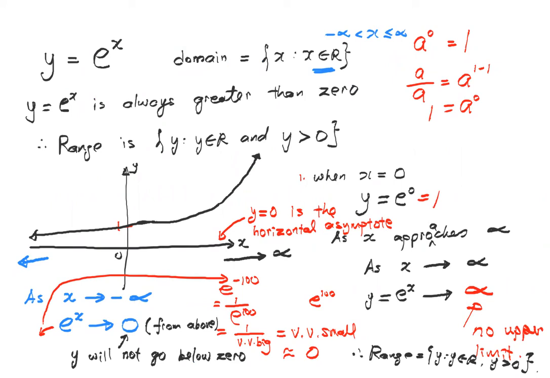So if you want to find a horizontal asymptote, you have to study these two directions to see whether there is a limit or not. Am I right? Not every function has a horizontal asymptote, correct? But exponential usually has. I'm not saying always, I said usually.